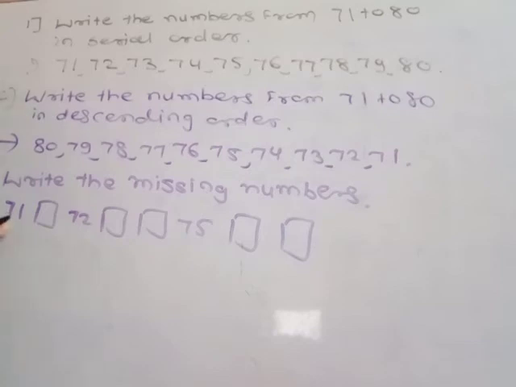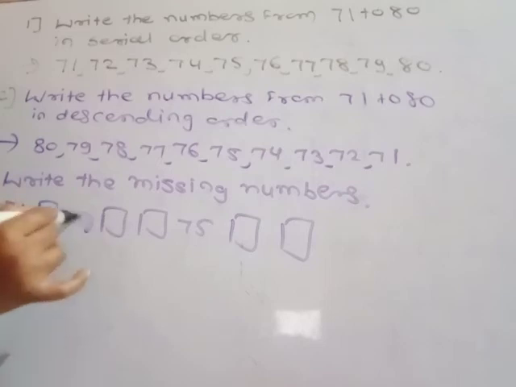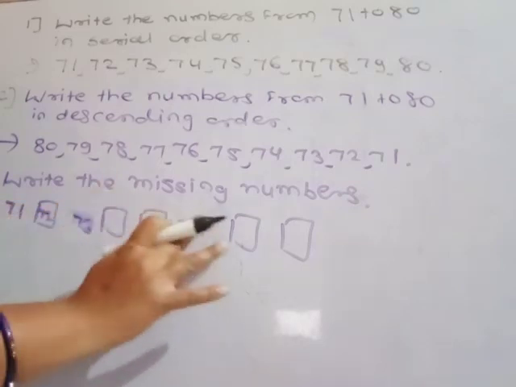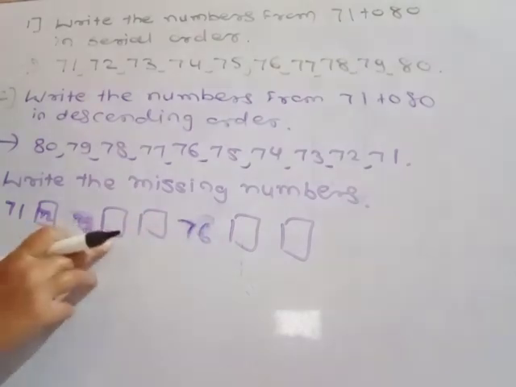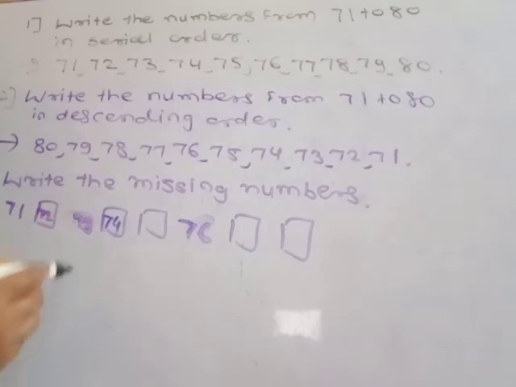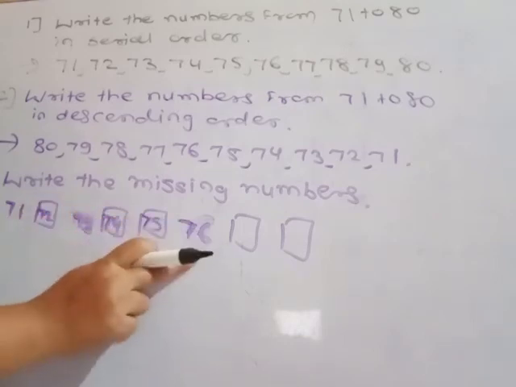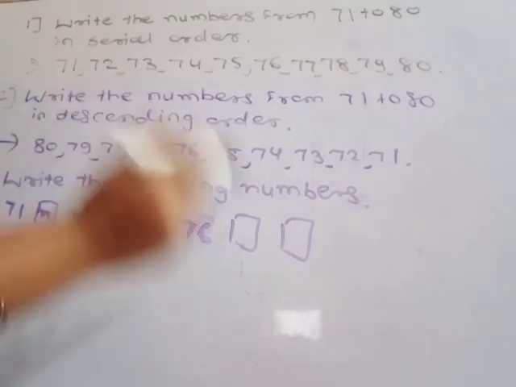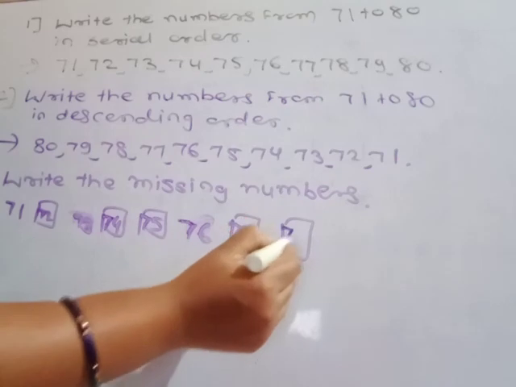First number is given, 71. 71 after which number here? 72. Then here 73. 73 after which number here? 74. Then you write here 74. 74 after 75. Then 75 after 76 number is given. 76 after which number here? 77. And 77 after 78.